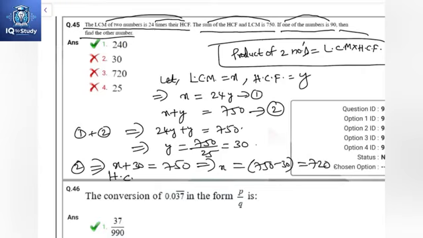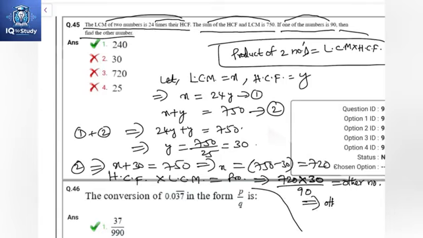So HCF into LCM is equal to product of two numbers and 720 into 30 divided by 90 is equal to other number, which means other number is equal to 240. So option 1 is correct.